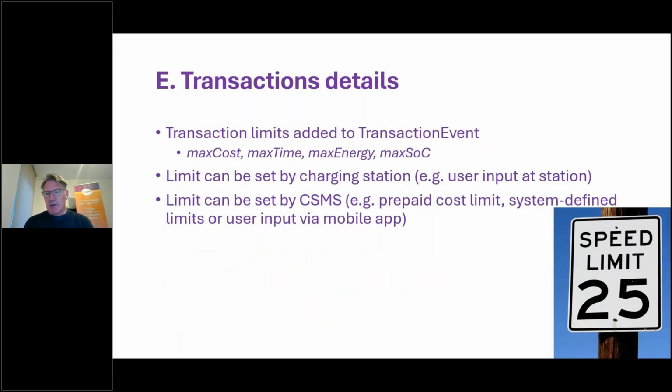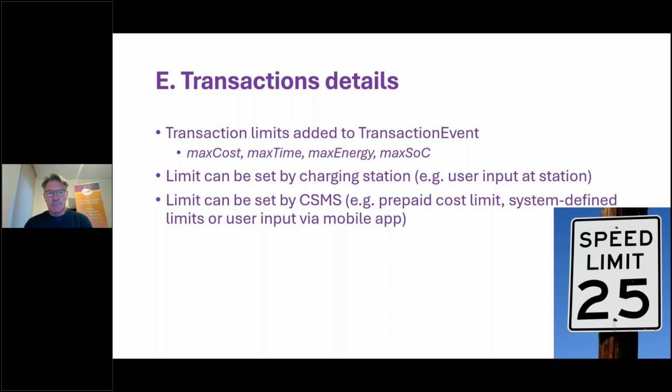And then, I already mentioned that a few times, the transaction limits were added to the transaction event. So we have 4 types of limits: cost, time, energy, and state of charge that you can specify. And this limit can be set both by the charging station, probably because, for example, the user inputs that at the station, or it can be set by the CSMS.